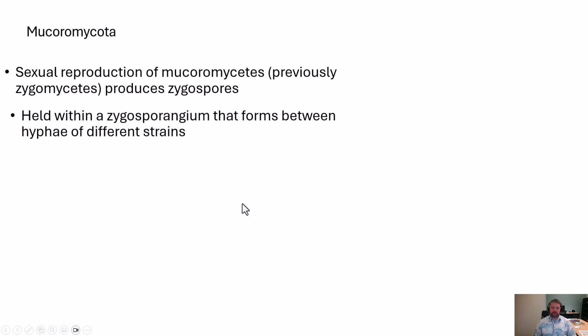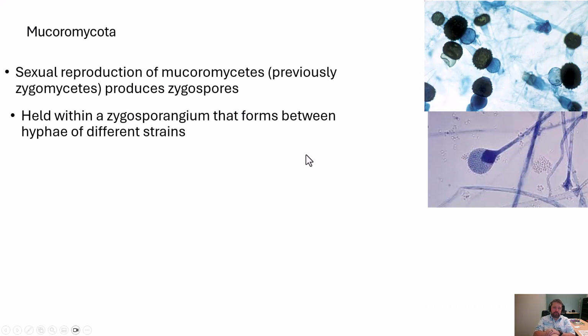Mucoromycota, this is another group. They produce zygospores. They used to be called the zygomycetes, but now they're called the mycorrhizas, and they hold their spores in a zygosporangium.